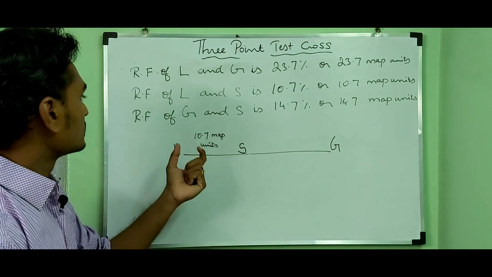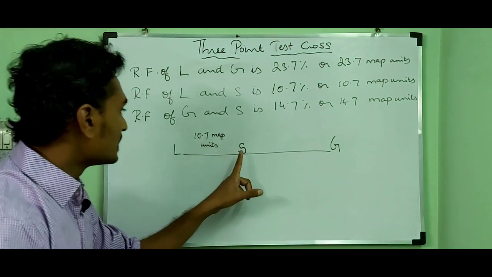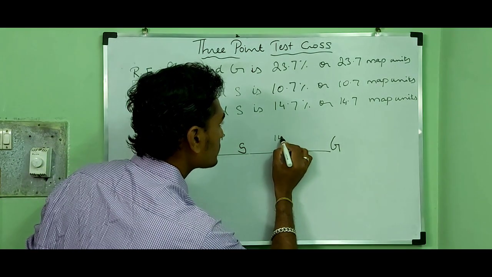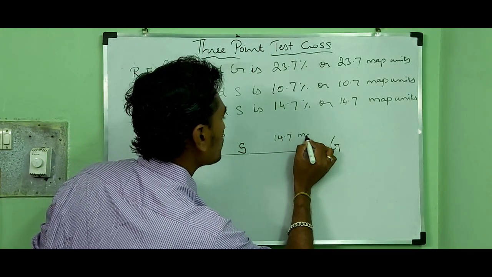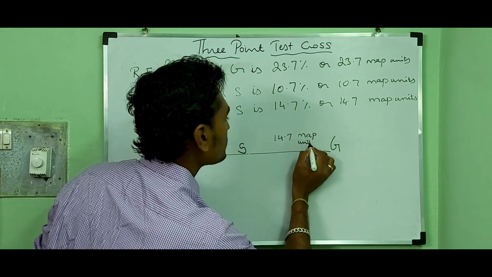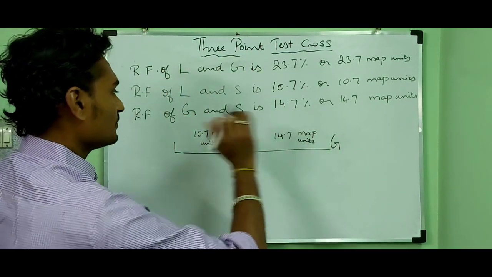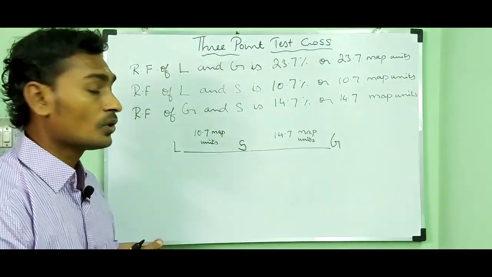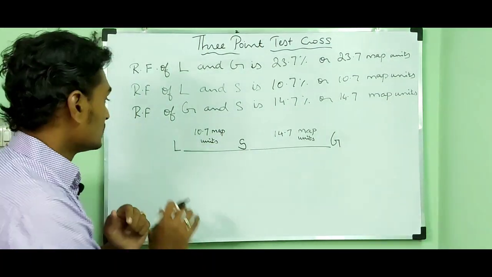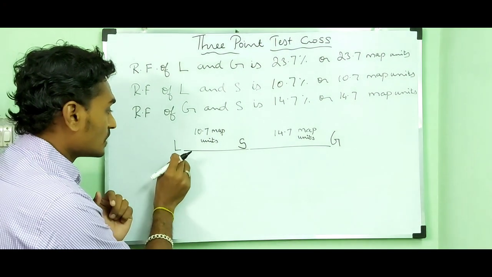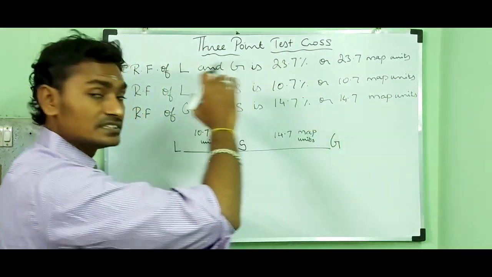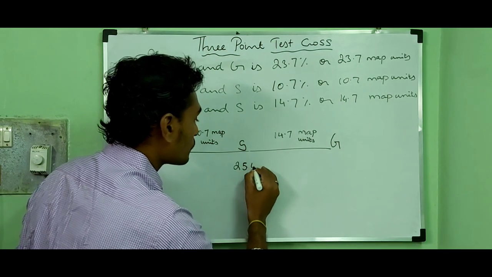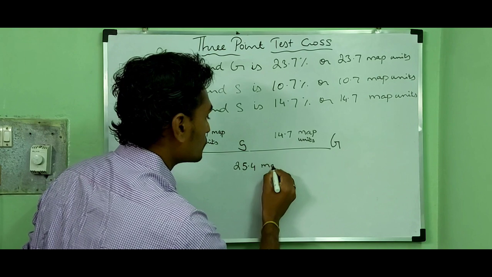Then the recombination frequency between S and G is about 14.7 map units. So in total you can find 25.4 map units. That is, the recombination frequency of L and G is 25.4 map units.